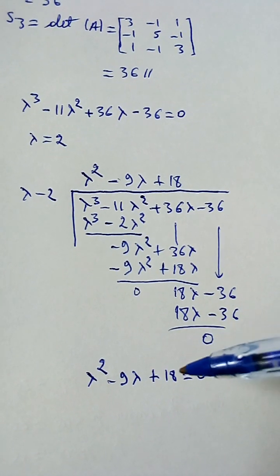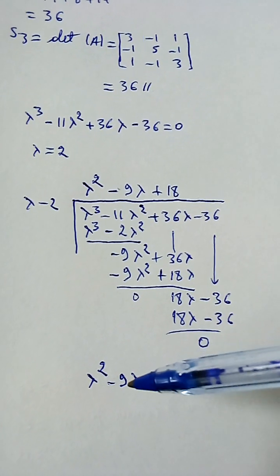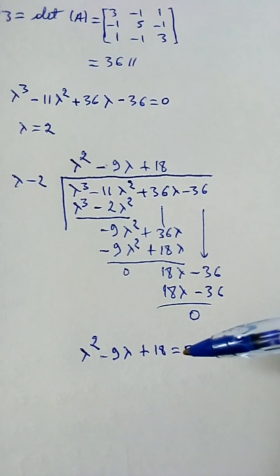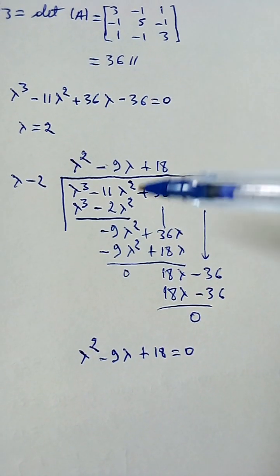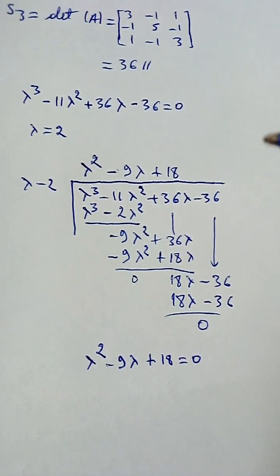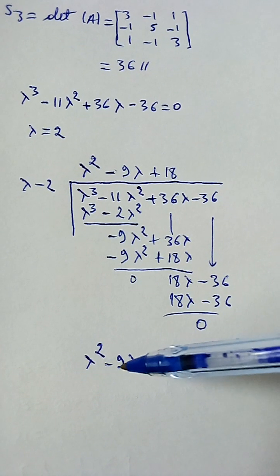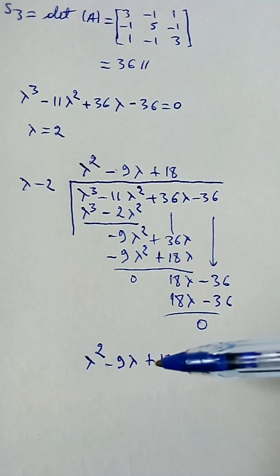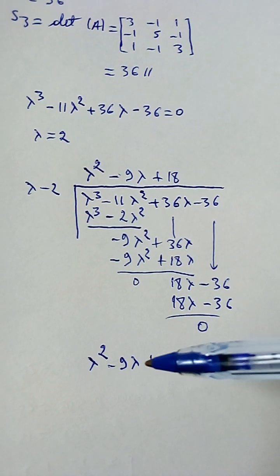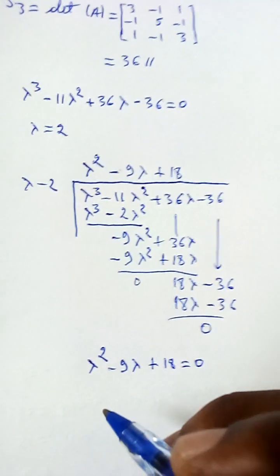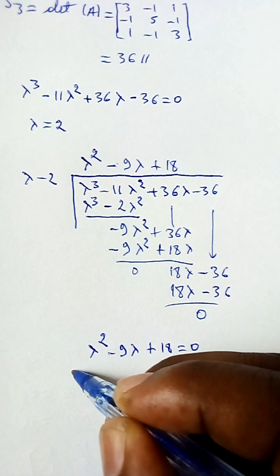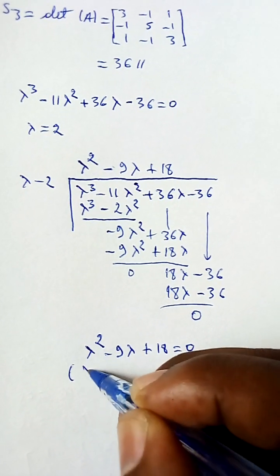Those two numbers are minus 3 and minus 6. If you take minus 3 times minus 6, it will give you 18. If you take minus 3 plus minus 6, it will give you minus 9. So as you can see here, guys, this is what we call factorization.